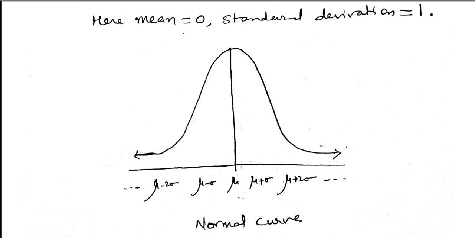We should recall here that the probability that x varies from mu minus sigma to mu plus sigma is equal to 68%. And from mu minus 2 sigma to mu plus 2 sigma is about 95.5%.